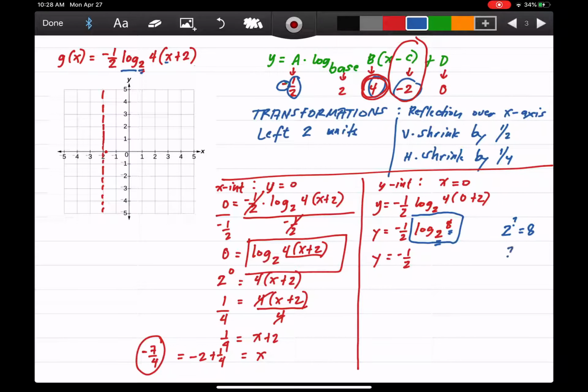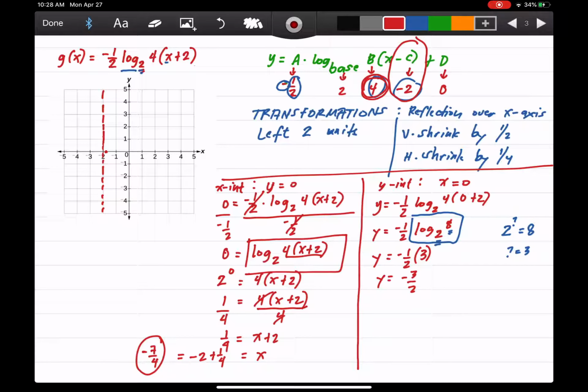That's equal to 3 because 2 cubed is equal to 8. So the logarithm of 8 with base 2 is equal to 3. All right, so y equals negative 3/2, or simply negative 1.5.